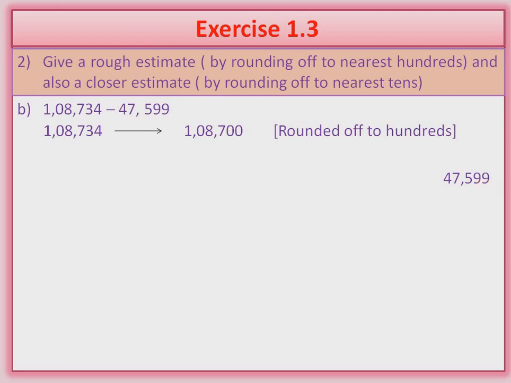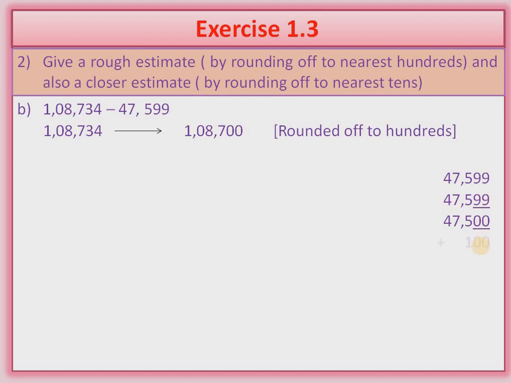So here you can see, we will make a line at the last 2 digits. Then we will write 00 instead of 99. Then check this value. What is its estimated value? The estimated value of 99 is equal to 100. Understood?